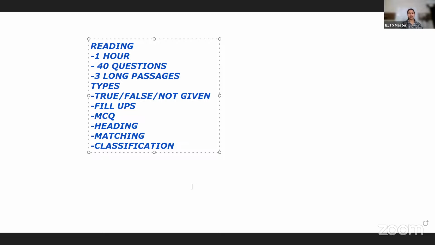I have written these according to difficulty level. Fill-ups and true false are basic level. Multiple choice and heading questions are pretty high level. Matching and classification are considered the toughest questions in reading.